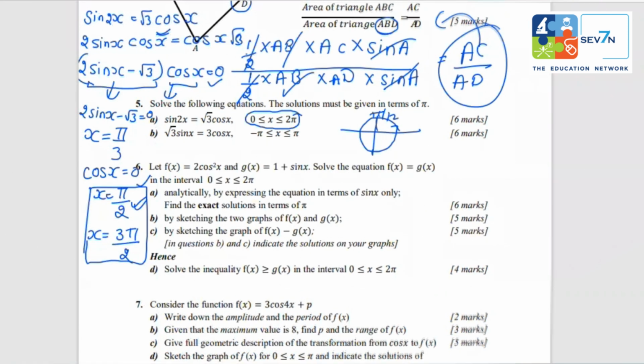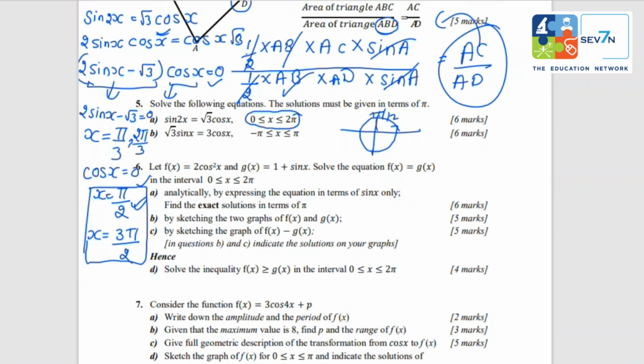At pi by 3, this will be root 3 by 2, and as well as on 2 pi by 3, this will be root 3 divided by 2, right? Wait, it will be pi by 3 and then it will be 2 pi by 3. Pi minus pi by 3. Why not pi plus pi by 3? You can check the values. We're finding sine x, right?